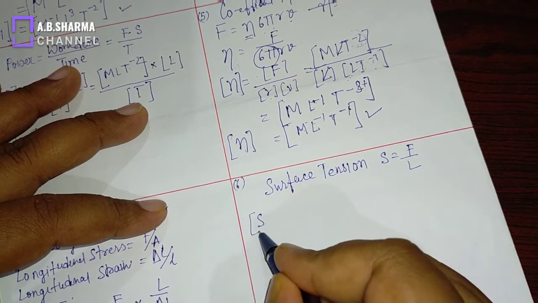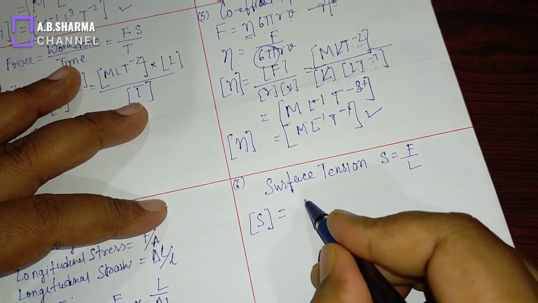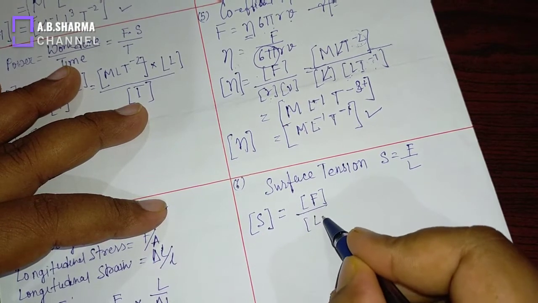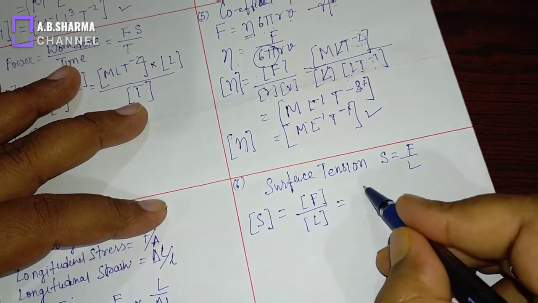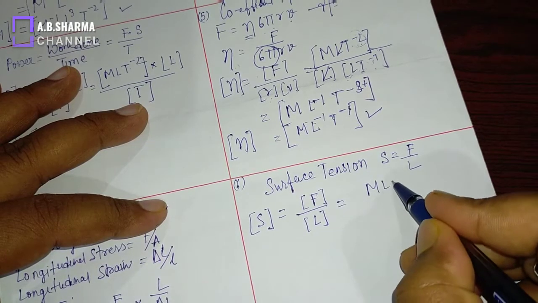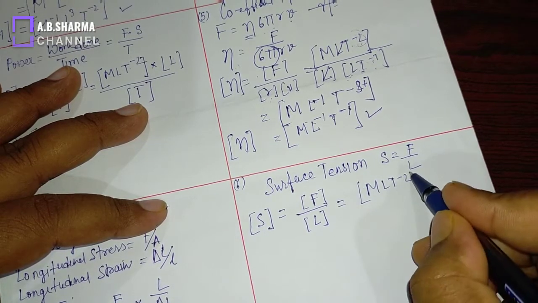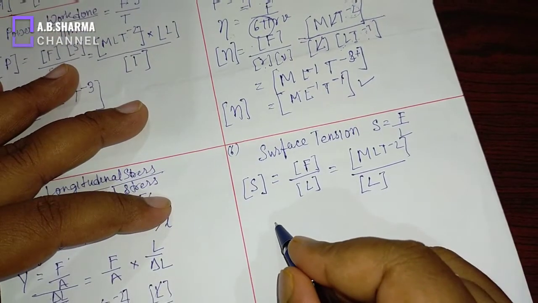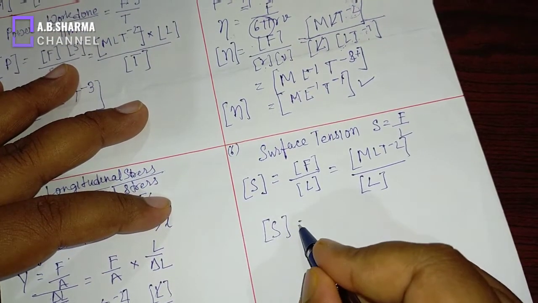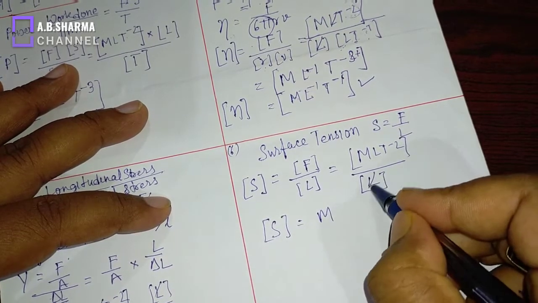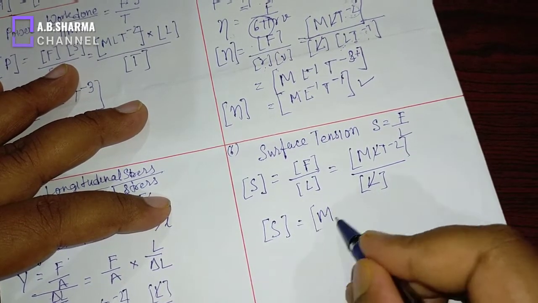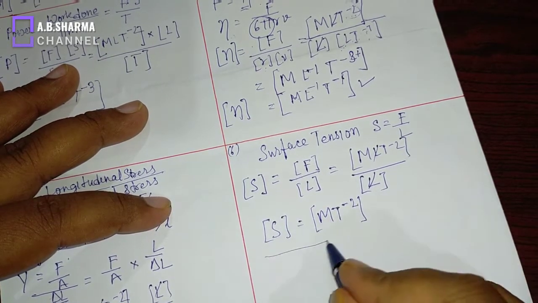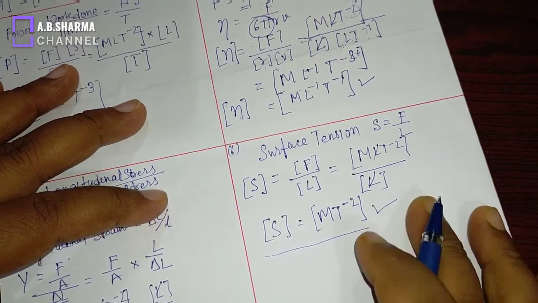So the dimensional equation of surface tension will be S equals dimension of force over dimension of length, that is MLT^-2 over L. This L will be eliminated, so MT^-2. This is the dimensional equation of surface tension.